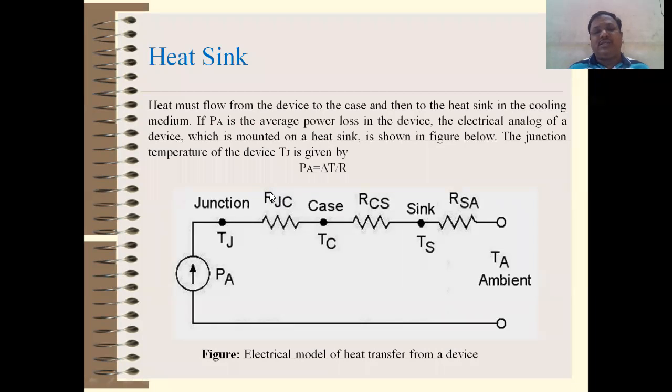If this resistance is large, then temperature cannot be transferred, so the thermal resistance between junction and case should be small. Normally the case is metal and directly connected to the junction, so this resistance is very small. But it is a thermal resistance between junction temperature and case temperature.